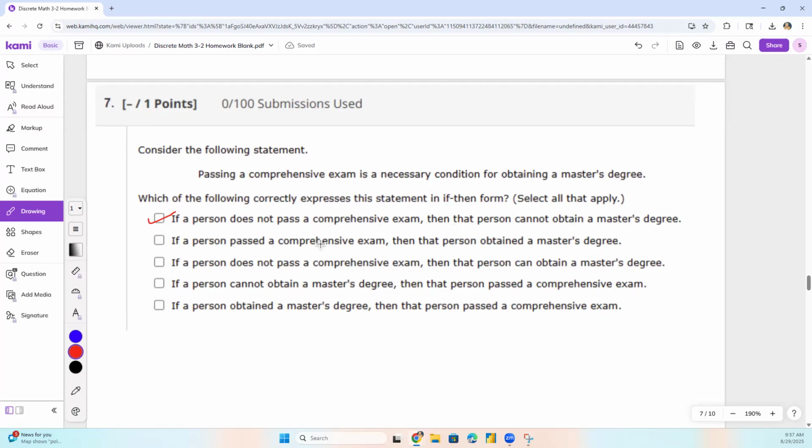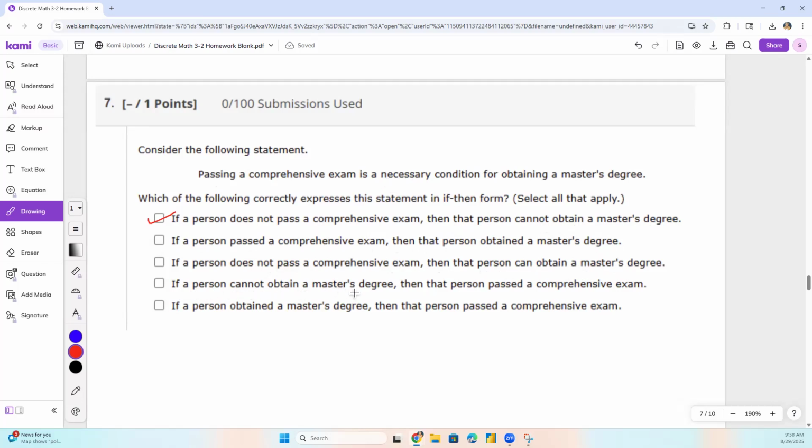Now, if a person passed a comprehensive exam, then that person obtained a master's degree. But a necessary condition does not guarantee that the person will obtain a master's degree, so this is not correct. If a person does not pass a comprehensive exam, then that person can obtain a master's degree. This is not correct.